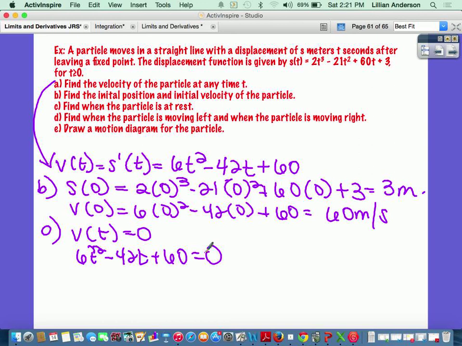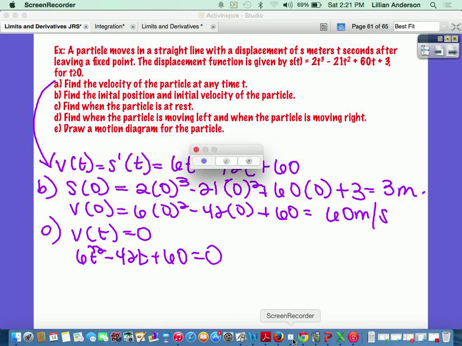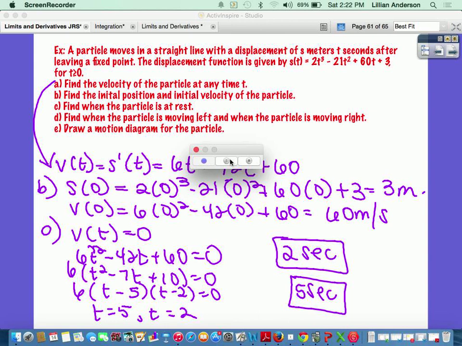Go ahead and pause this video and use the quadratic formula or factoring to find what time the particle is at rest. Did you come up with 2 seconds and 5 seconds? Hope so, because that is when your particle is at rest.